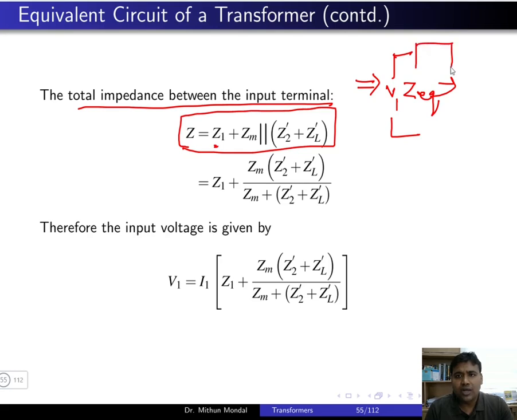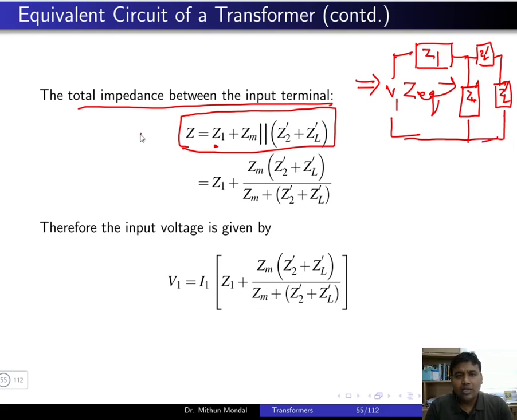Here you have the Z1 quantity, and you have something which is parallel, that is Zm, the magnetizing component. Then you have one impedance Z2 dash, that is referred from the secondary side of the transformer to the primary side, and then you have a load impedance ZL dash, which is also referred to the primary side.